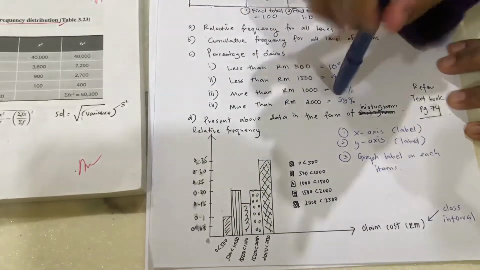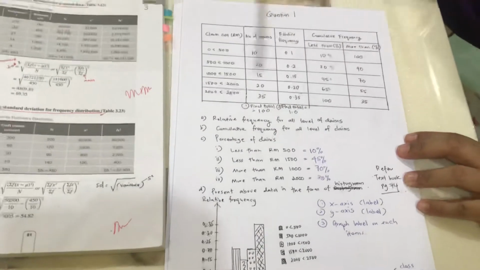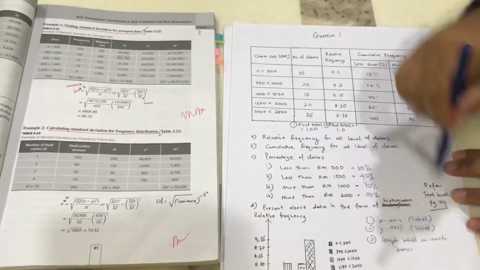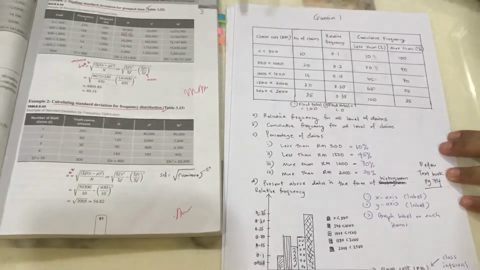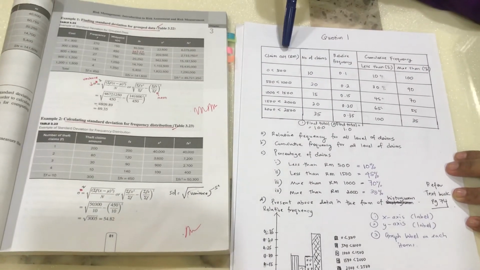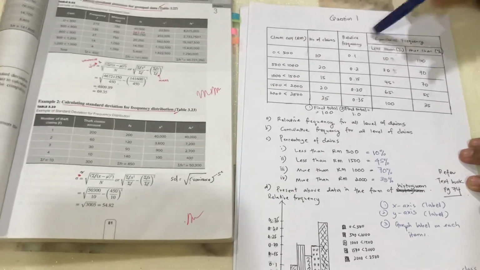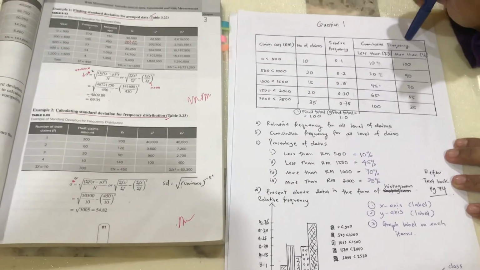This is the common question that is asked in either your test or even your quiz. This is how you calculate the frequency as well as the relative frequency and the cumulative frequency.